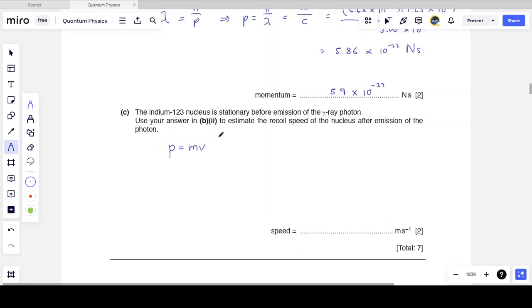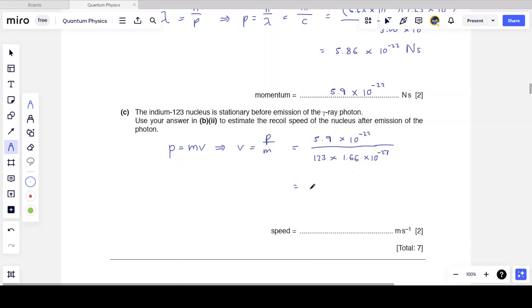So momentum is m times v. This is from AS physics, which means that the speed, v, is the momentum of the nucleus divided by its mass, which is the same as the momentum of the emitted photon, 5.9 times 10 to the minus 22 divided by, now the mass of indium-123 is 123 nucleons times the mass of a nucleon, 1.66 times 10 to the minus 27 kg, which is the atomic mass unit.